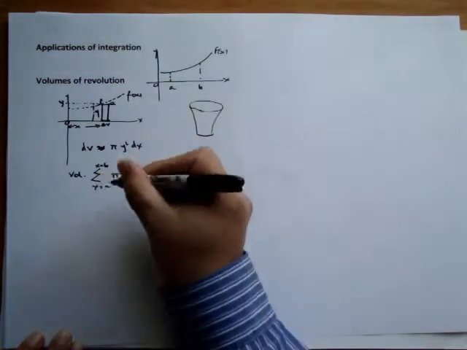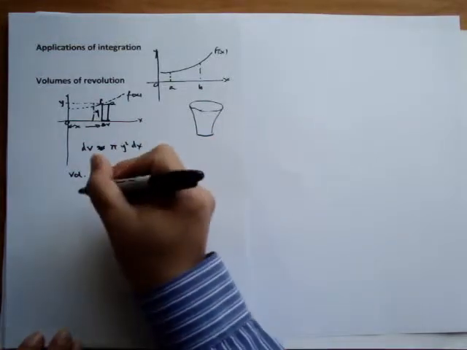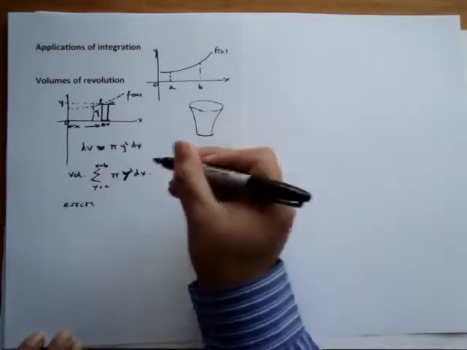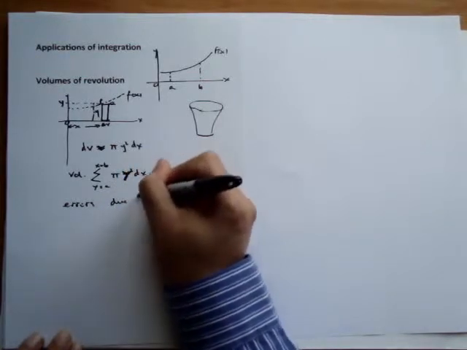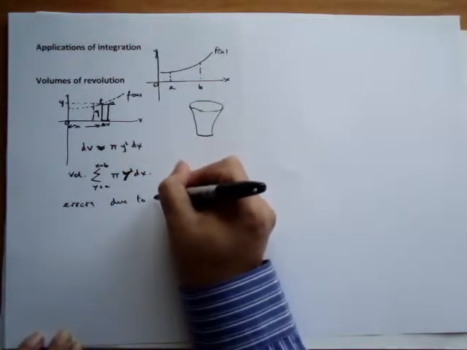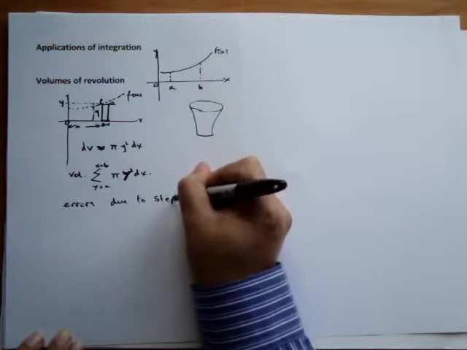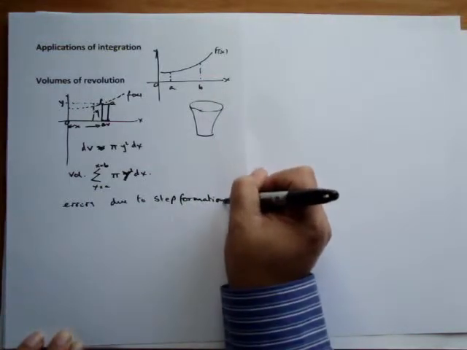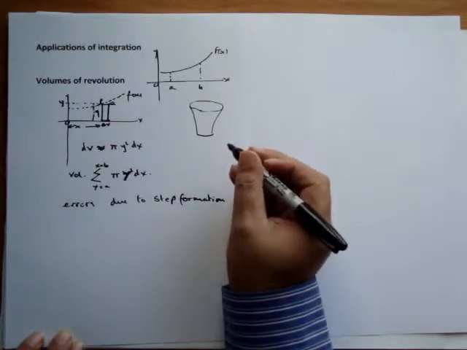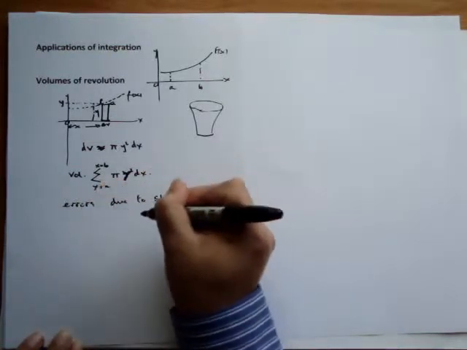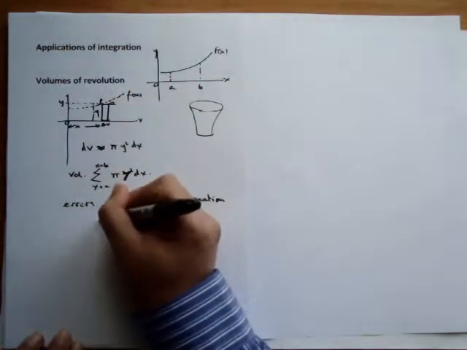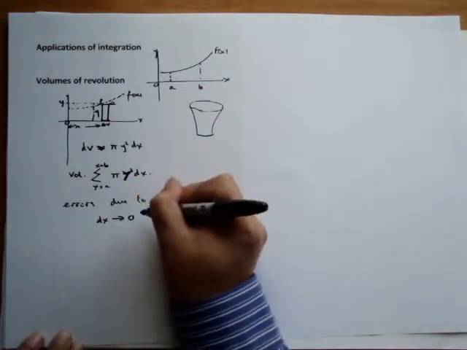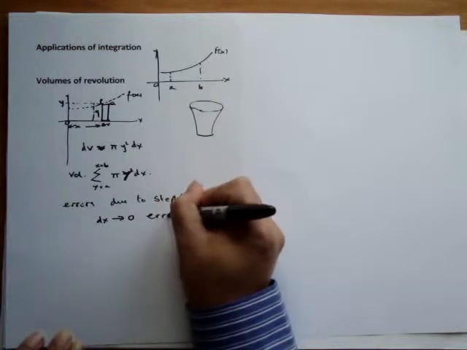The errors in this approximation would be due to the step formation. But if we get this delta x tending to 0, the errors disappear.